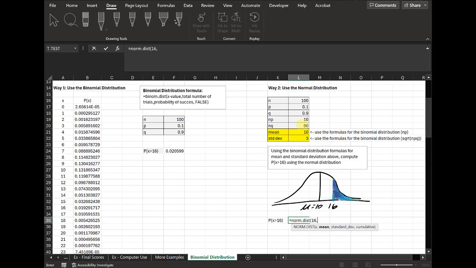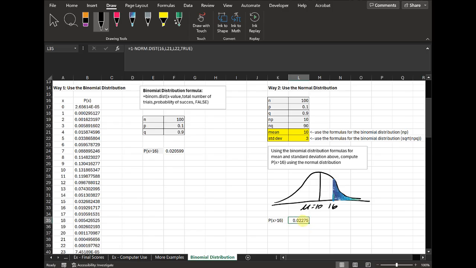So 16 is my x, 10 is my mean, 3 is my standard deviation, and then when you're talking about the norm.dist function, it's always true at the end. Okay, so remember, this is always returning a number to the left, so I can tell just by looking at this that this number is clearly not this little sliver in here, so I was supposed to take 1 minus that calculation. So this comes out to 0.02275.